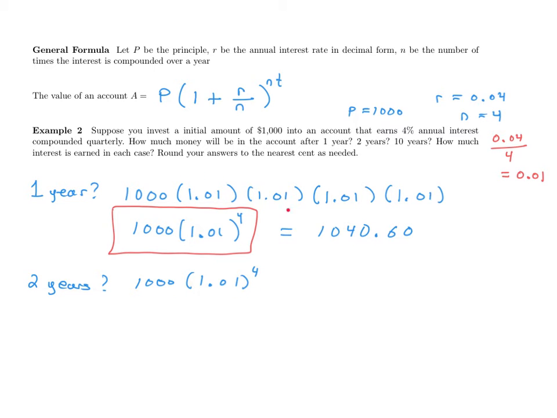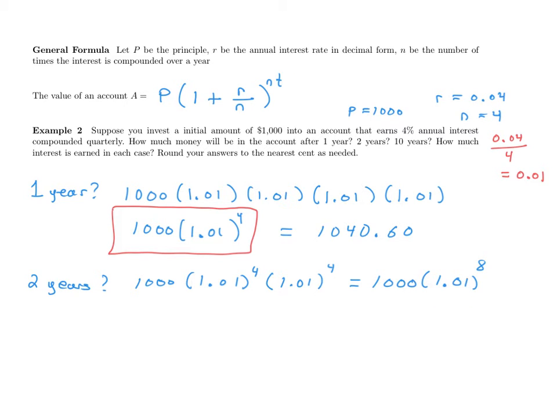You're doing this again to figure out the balance of the account after 2 years. So you're multiplying by another 1.01 to the power of 4. When your bases are the same, you can add the exponents, and that gives you 8. So that's 1,000 times 1.01 to the power of 8. This is 4 times 2, and that's why we need the product like this in our exponent.